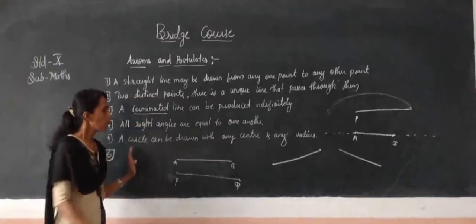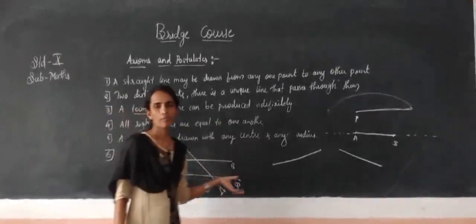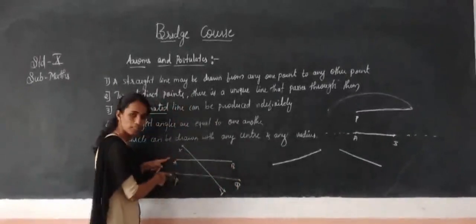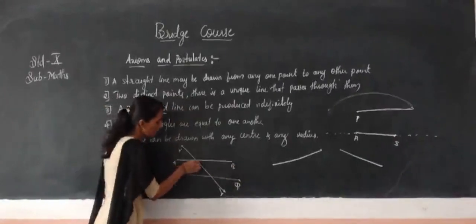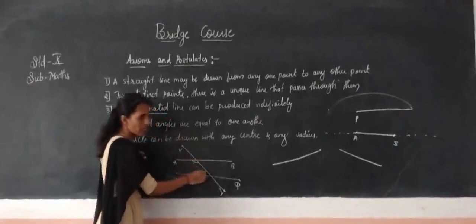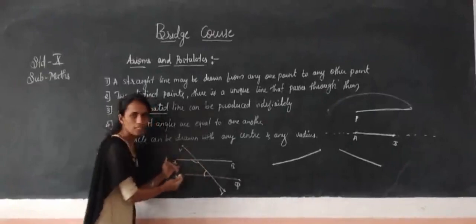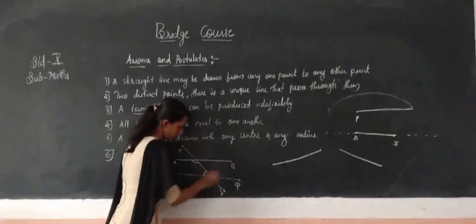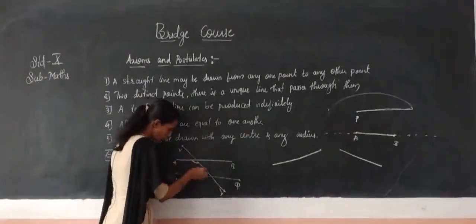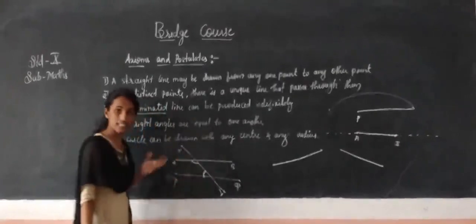Now take another straight line XY. When one straight line falls on the other 2 straight lines, interior angles form on one side of it. We call these the interior angles on one side. XY is the line cutting AB and PQ, and you can take it as a transversal.